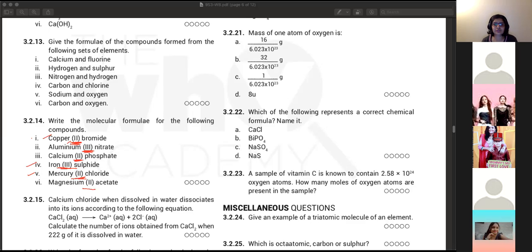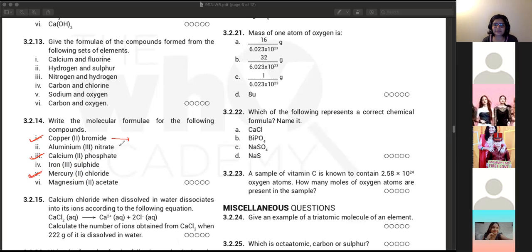Okay, so can you quickly give the formula for this one? Give it for 1. Yeah, 135 odd numbers के इन तीनों के formula दे दो. So copper 2 bromide, awesome.